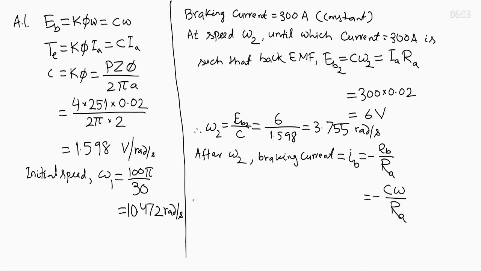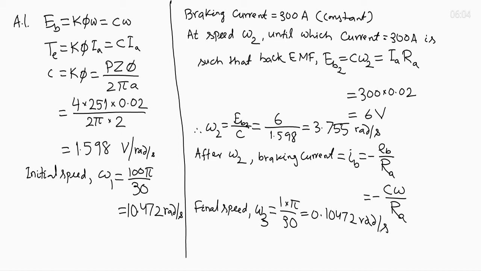The final speed omega 3 is 1 RPM. So, it is 1 pi by 30. Omega 3 is pi by 30, corresponding to 1 RPM. So, pi by 30 is 0.10472 radian per second.